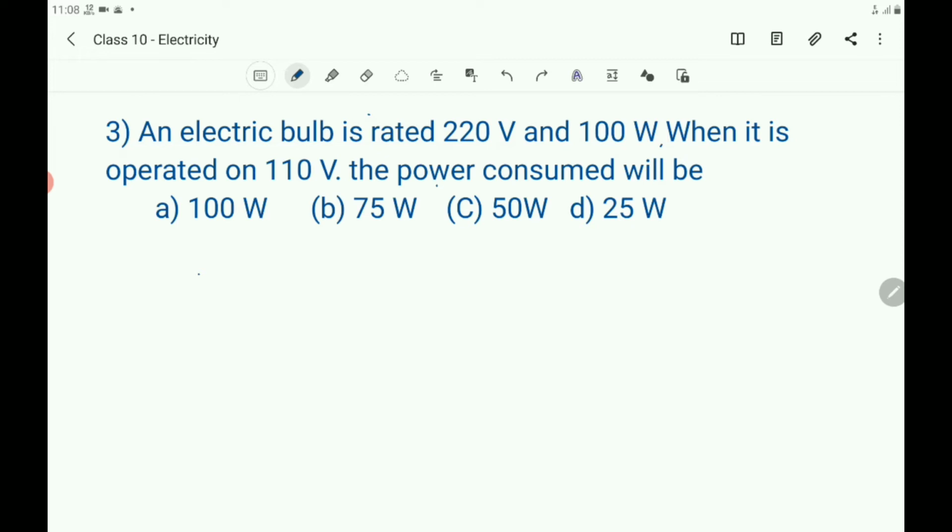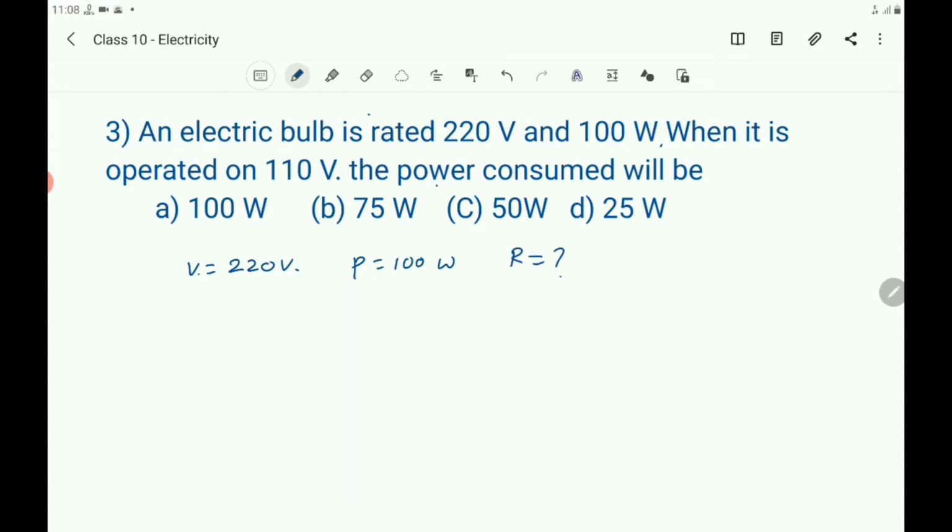Now we have to find the resistance of the electric bulb. So first take V equals 220 V, P equals 100 W, and R equals question mark.